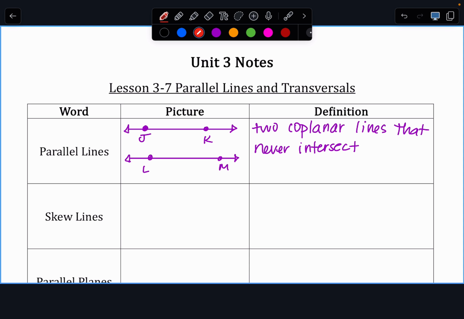It's actually arrows, not slashes. But I think the two slashes you're referring to would be this notation. Line JK is parallel to line MN.